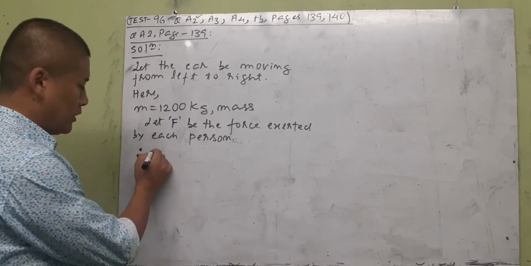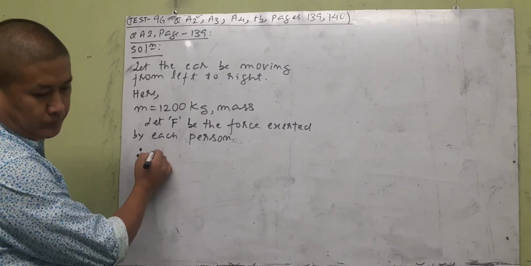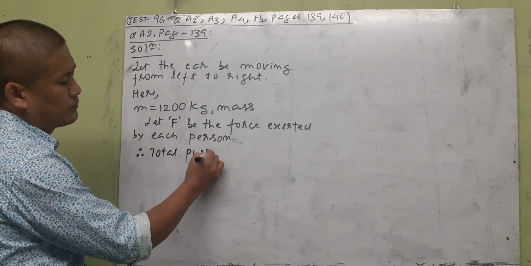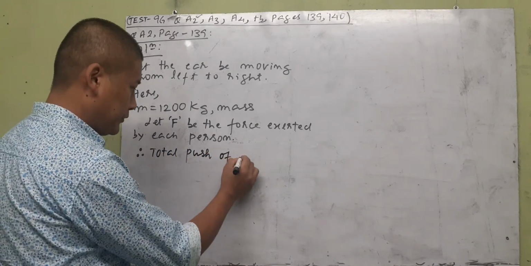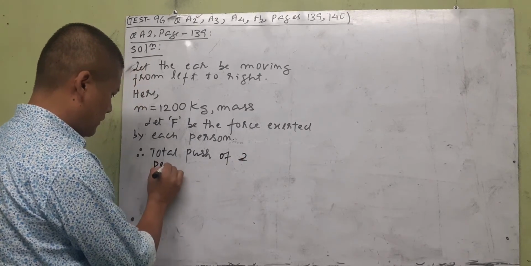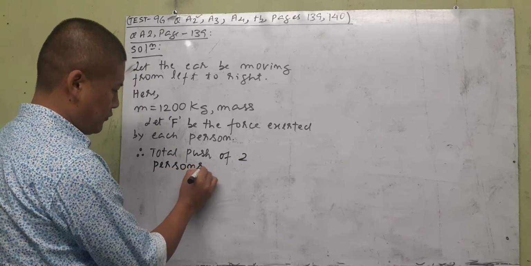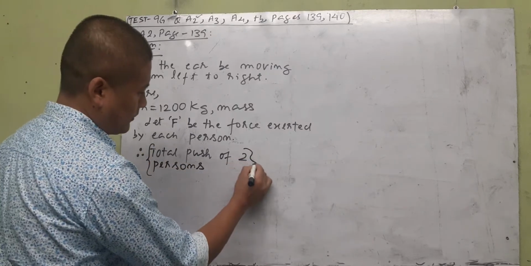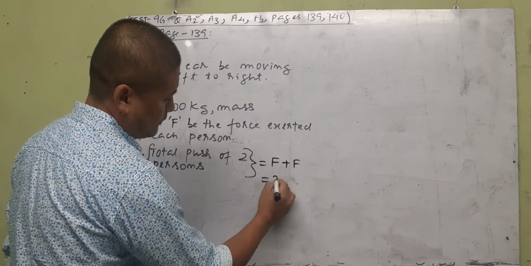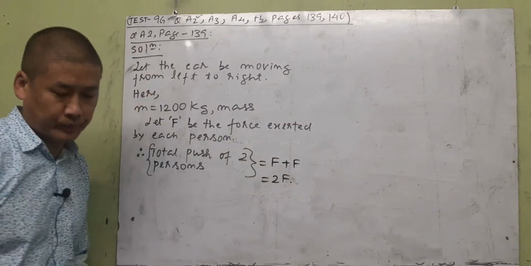So, let us write here the total push. The word push here means simply force, okay, of two persons. If two were pushing, it is one person F, so two persons means F plus F, 2F, right?